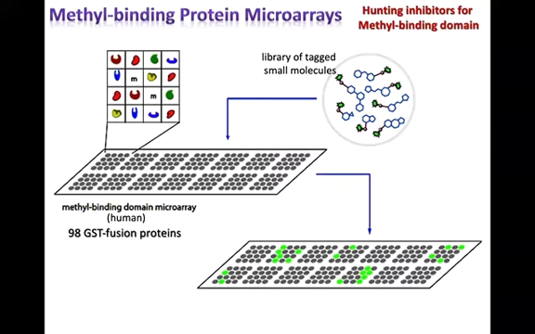Doctor, does it mean that there was cross linking between the added molecules and the molecules that were already on the microarray? The molecules on the microarray actually are proteins, domains, proteins. Yes.